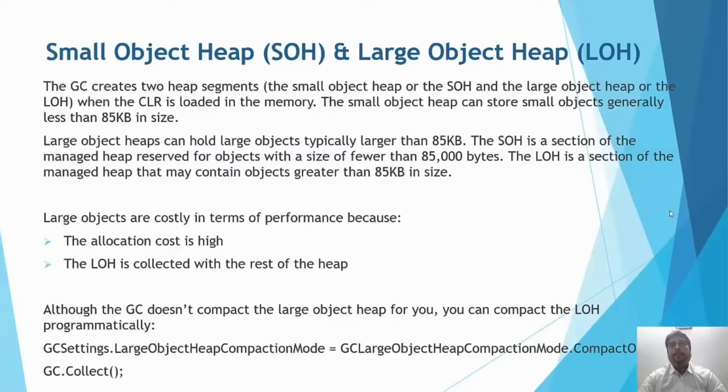So the large object heap is a portion of memory where objects larger than 85 kilobytes are stored. But the problem is that the allocation cost is high, and the LOH is collected much less frequently compared to the SOH. So we should avoid storing objects in the LOH, and that should be the practice followed.